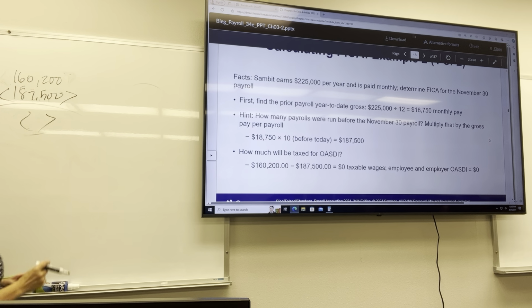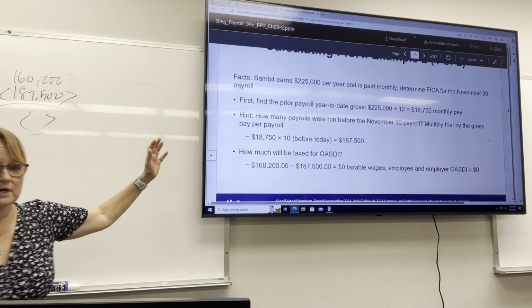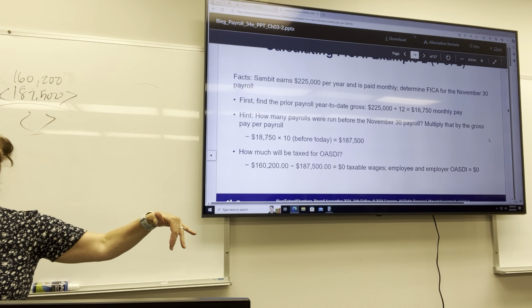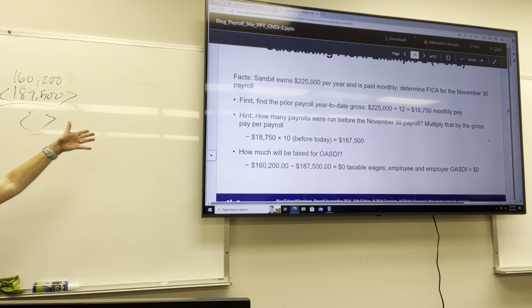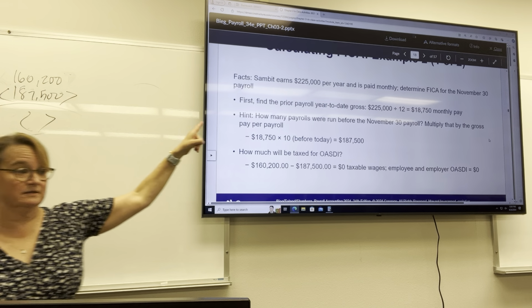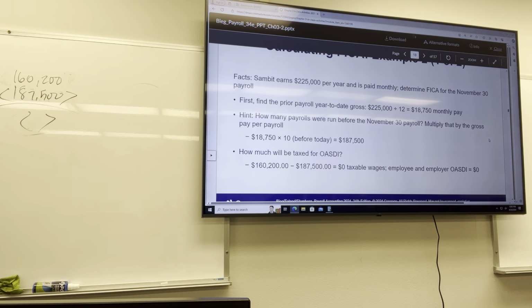We're negative now. So because we're negative, nothing would be subject to OASDI tax during this pay period. And they haven't reached that 225 yet. Or they haven't reached the 200,000 yet, right?